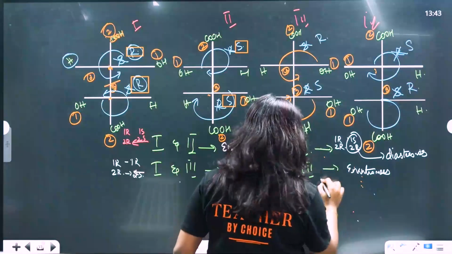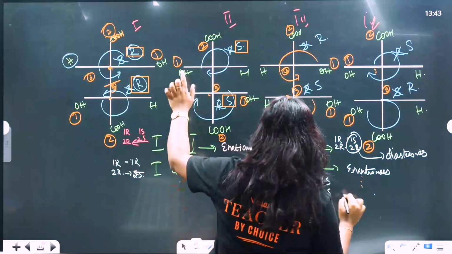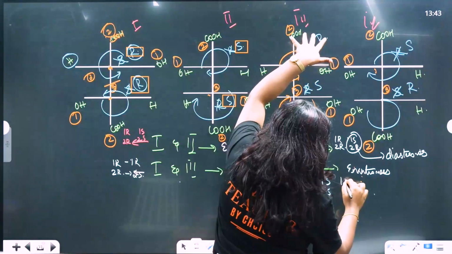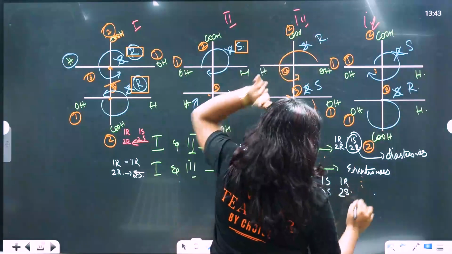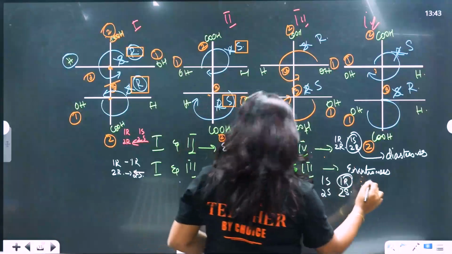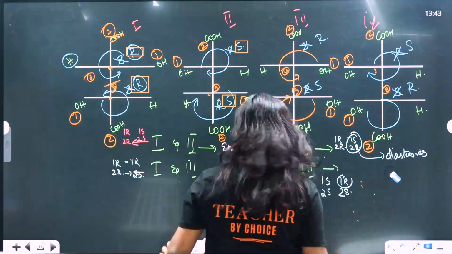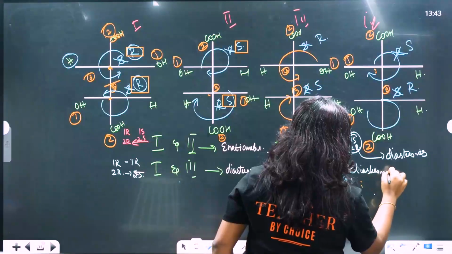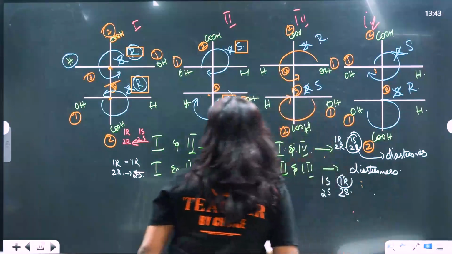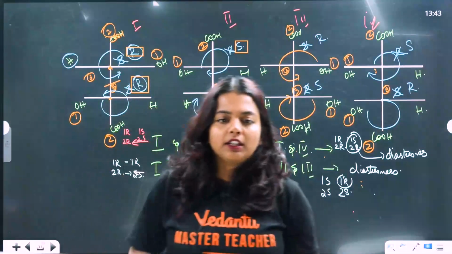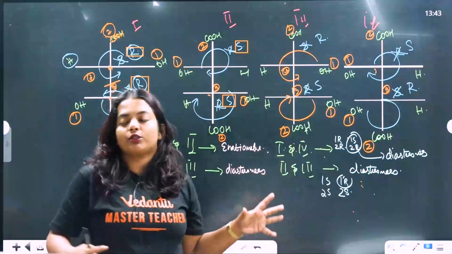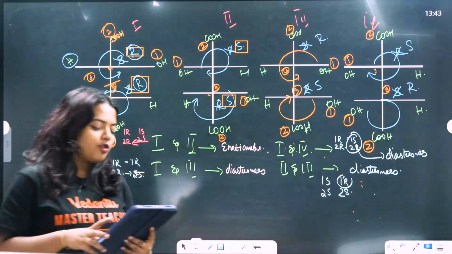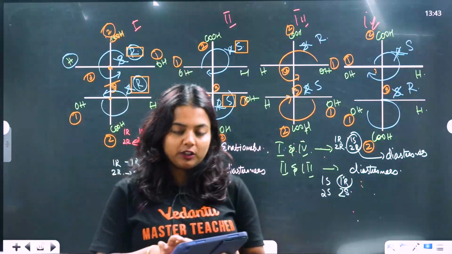Wait. 1S, 2S, this is the first one, this is the second one, and the third one is 1R, 2S, which means only one is changing, so that won't be enantiomers, it will be diastereomers. Diastereomers. Clear everyone? Clear? So in this stereoisomerism, we have now learned how to find enantiomers and diastereomers.